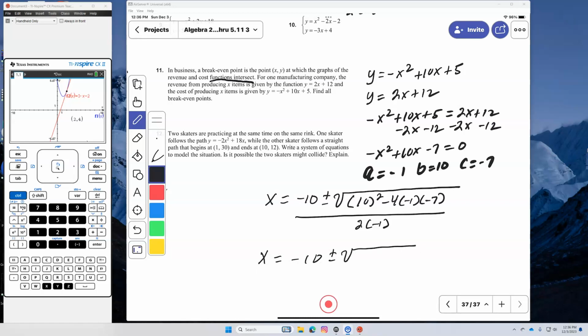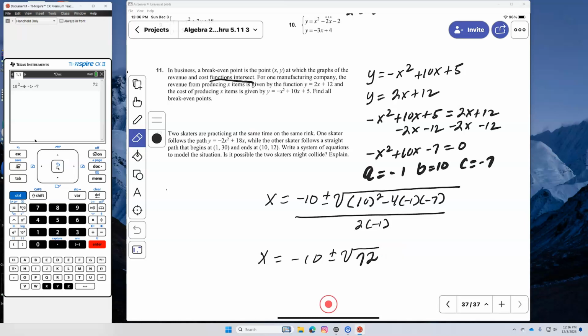And what you want to do is go to your calculator to evaluate the discriminant. 72, divided by negative 2.